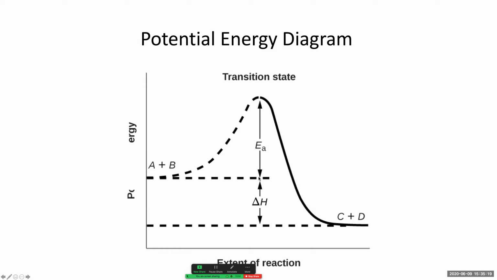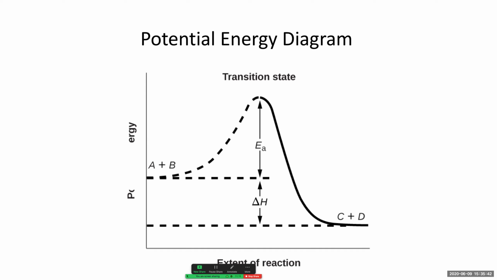when they collide. Of course, as we said previously, energy isn't the only thing that's required; the correct orientation is also required. Even if the molecules have the right activation energy, if the orientation isn't correct, no reaction will occur. So both things have to be present when the molecules collide.